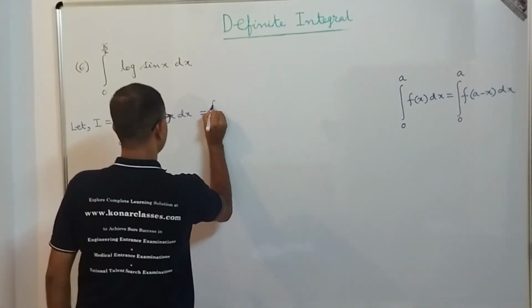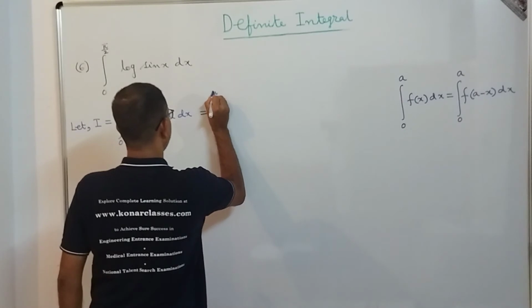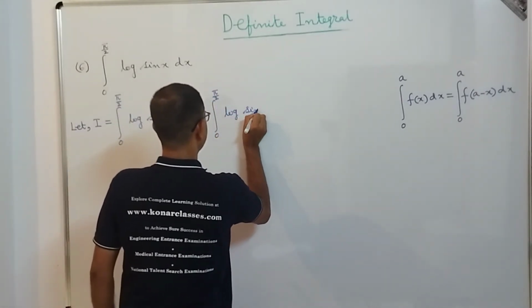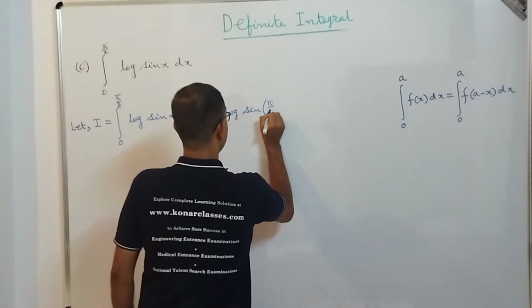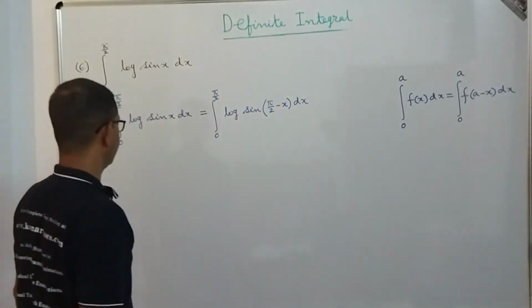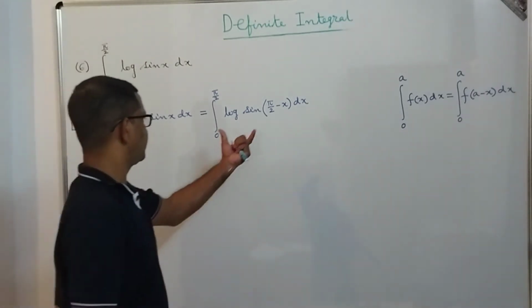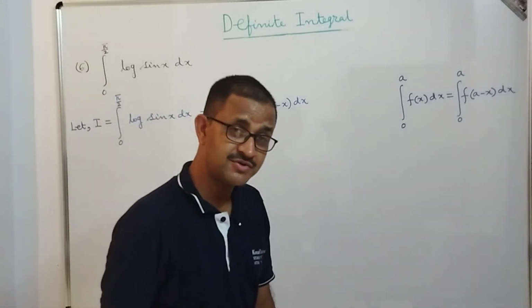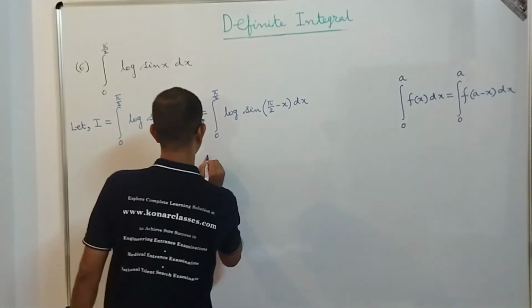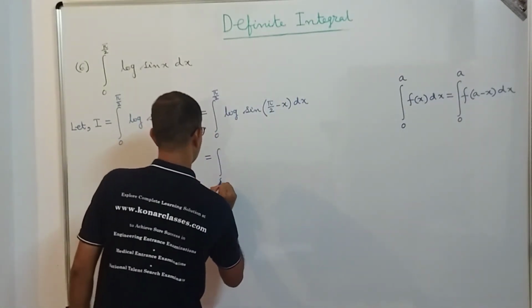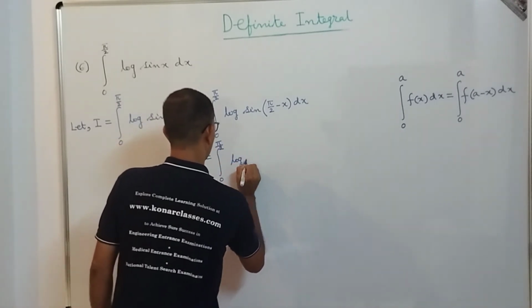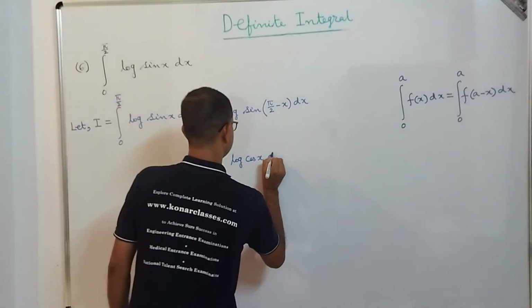We can write this is equal to integration 0 to pi by 2 log sin (pi by 2 minus x) dx, correct? Now sin (pi by 2 minus x) is what, dear students? It is cos x. So this is equal to integration 0 to pi by 2 log cos x dx.